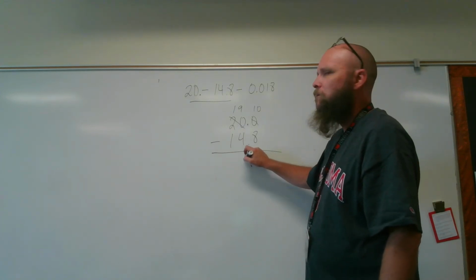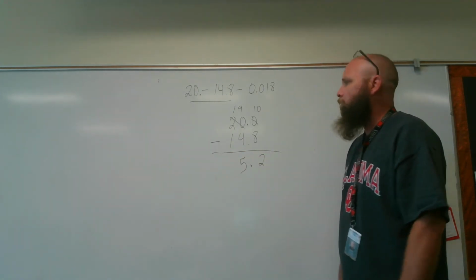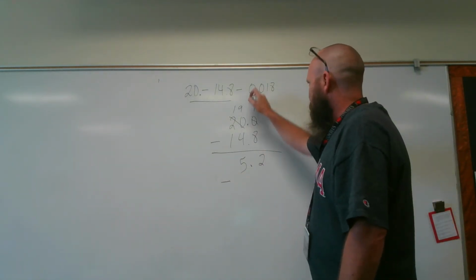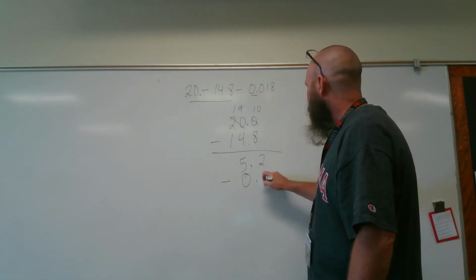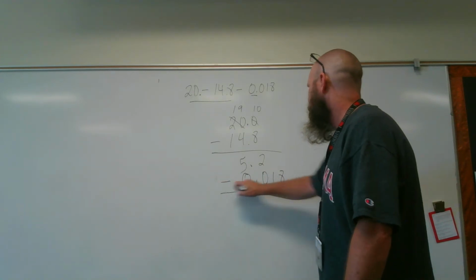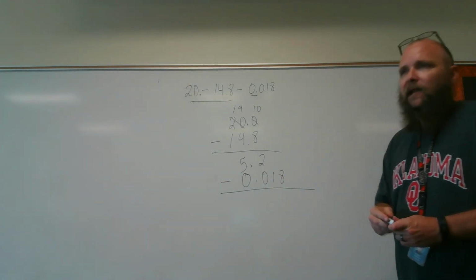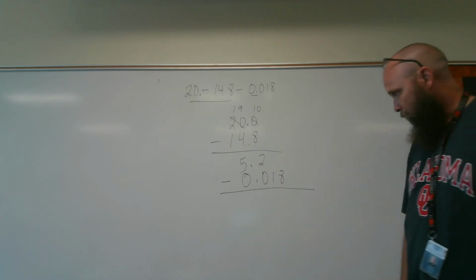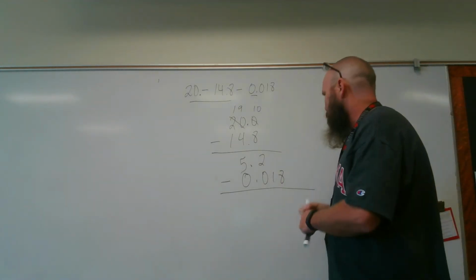So I have 5 and 2 tenths. But now Maddie tells me I have to subtract. Show me this 0's in the ones place. Maddie tells me I have to have zeros in these 2 places.